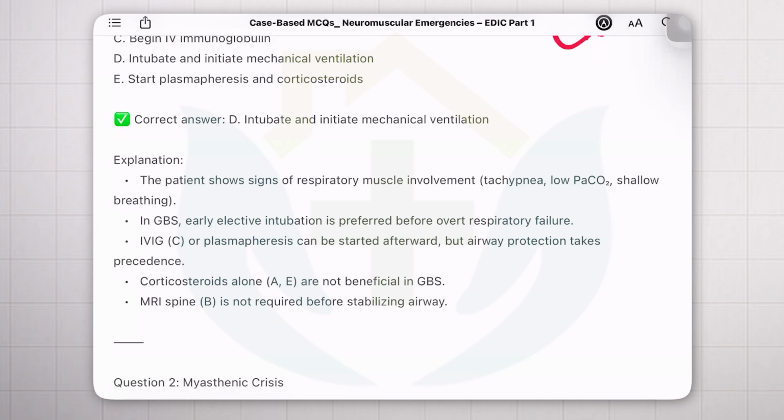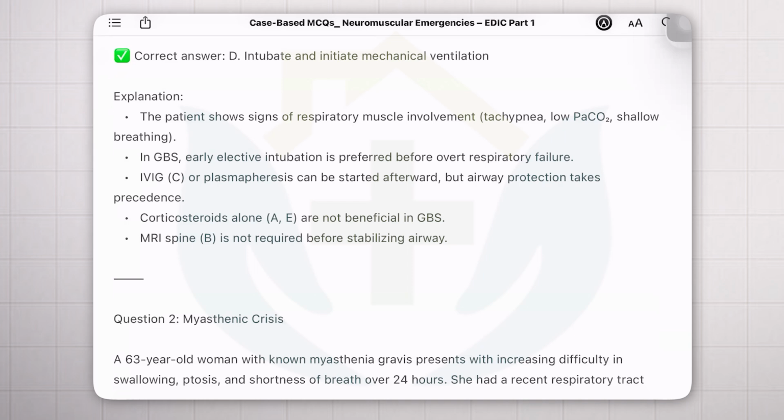Otherwise there is no use of knowing what to do and when. So intubate the patient when they start to show the earliest signs of respiratory depression, which are tachypnea, not maintaining CO2 levels, CO2 falling down, and the obvious use of the respiratory accessory muscles. Once the patient is intubated, you can always take up this patient for plasmapheresis or IVIG afterwards.